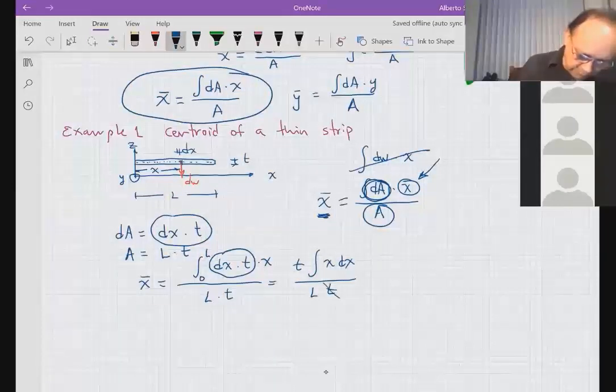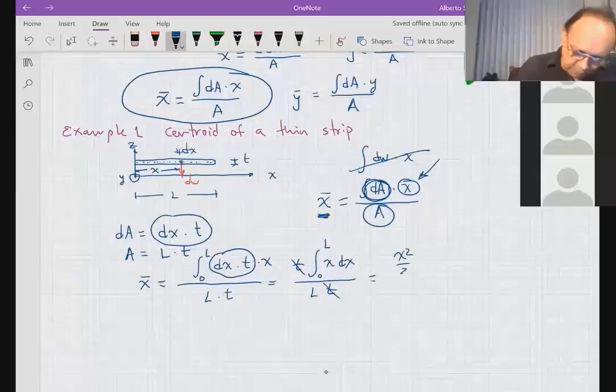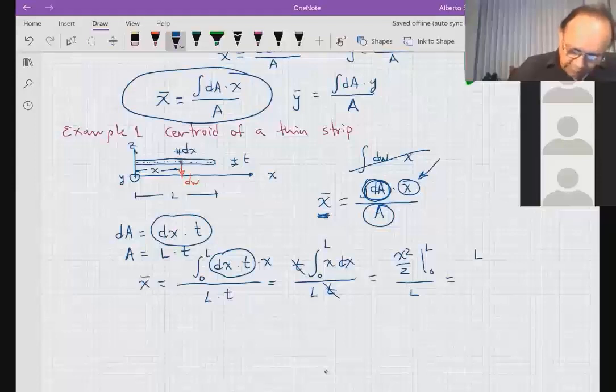We can cancel t, and this is from 0 to L. So we have x squared over 2 from 0 to L divided by L. So we have L squared over 2L, which is L over 2.